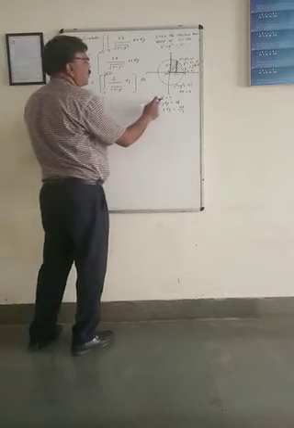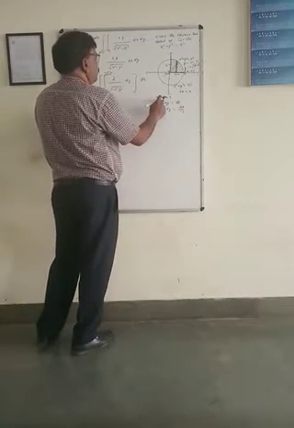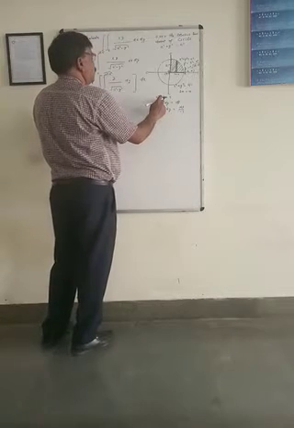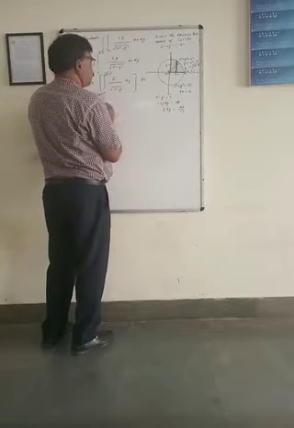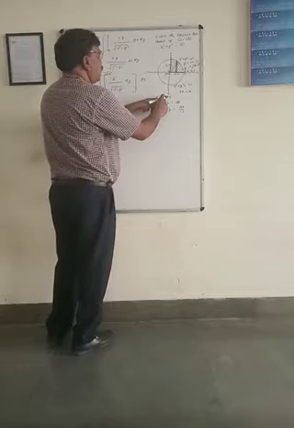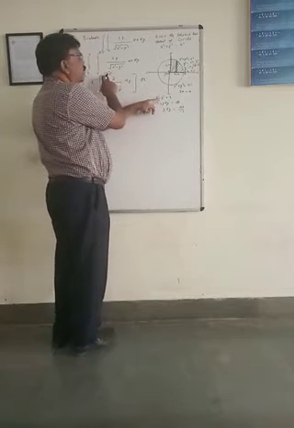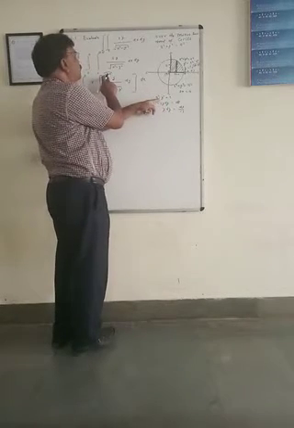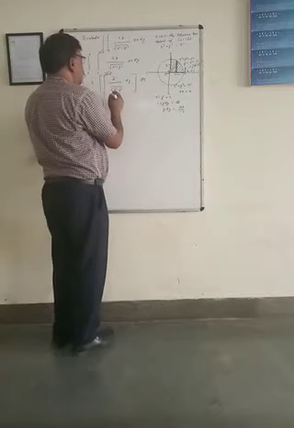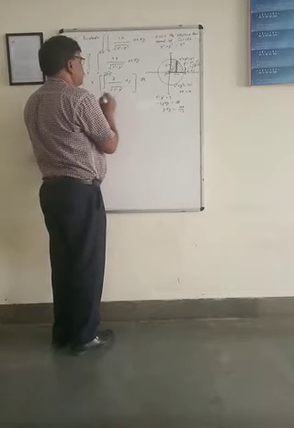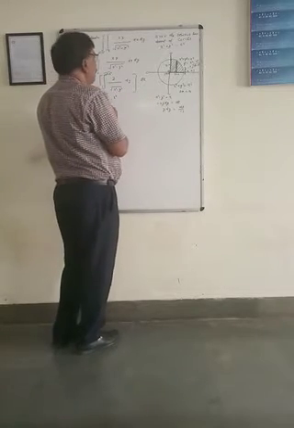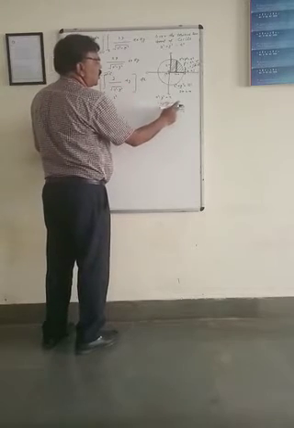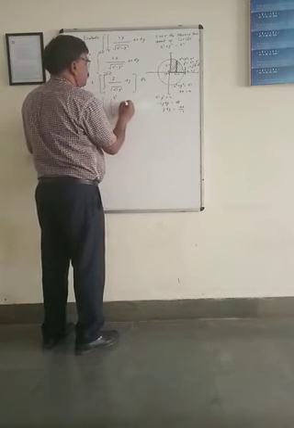Lower limit: when we put y equal to 0, the lower limit is a square. When we put the upper limit in place of y, under root a square minus x square, a square and a square cancel out, and the remaining function is x square. And y dy is equal to dt upon minus 2.